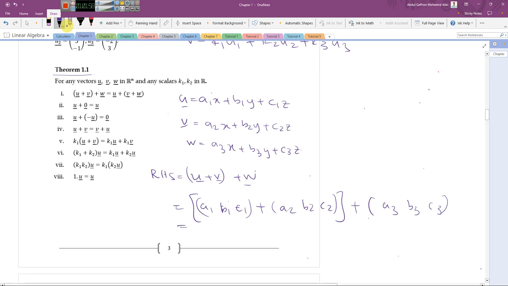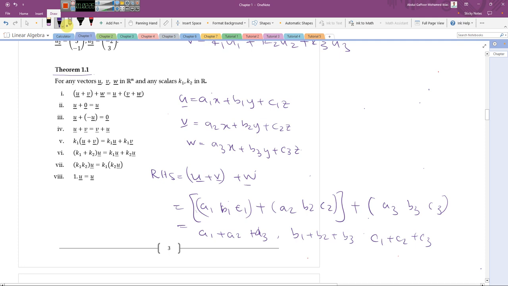Now a1 plus a2, because they are the corresponding elements, then with that I have to add a3 also. Then b1 plus b2 plus b3, then again c1 plus c2 plus c3.